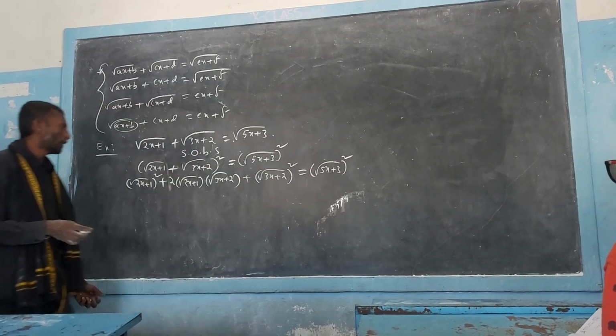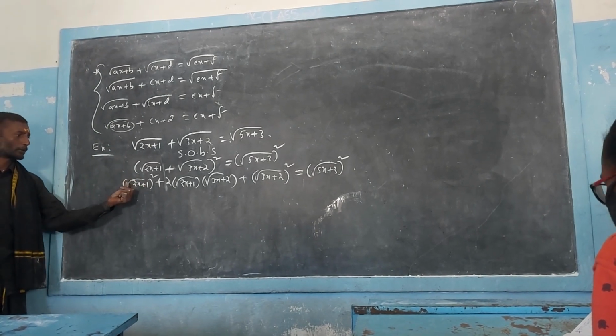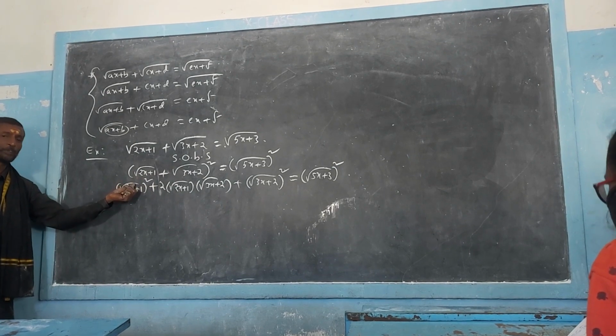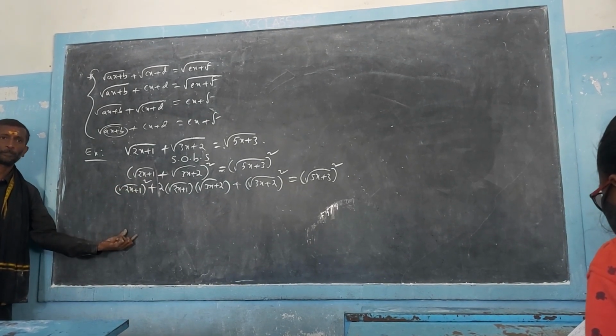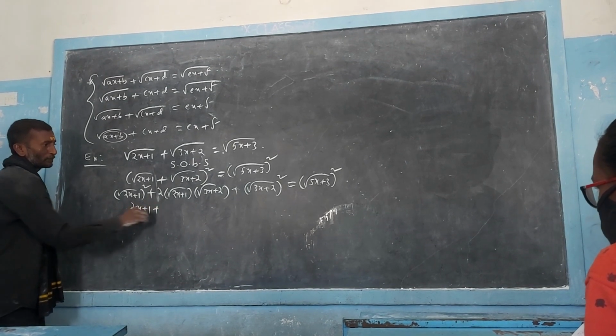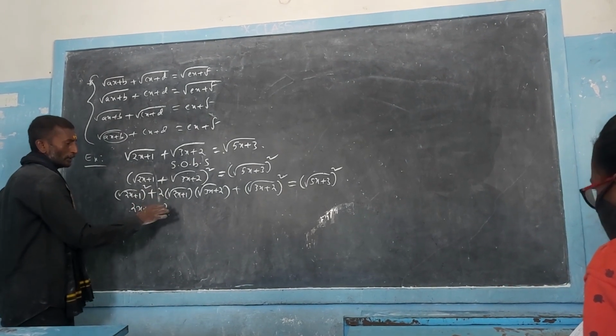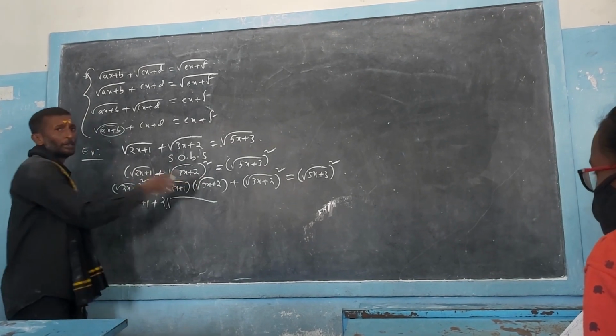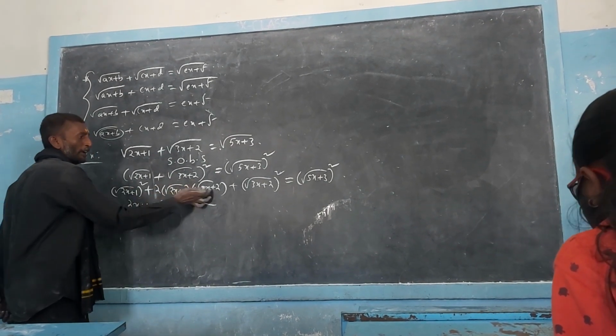Now the next step. We know very well that the square root of a whole square, the square and root we can remove, leaving the value of a. So this will get cancelled, and it remains only 2x plus 1 plus 2 into, this is the form of root a into root b, which is nothing but root of a into b.